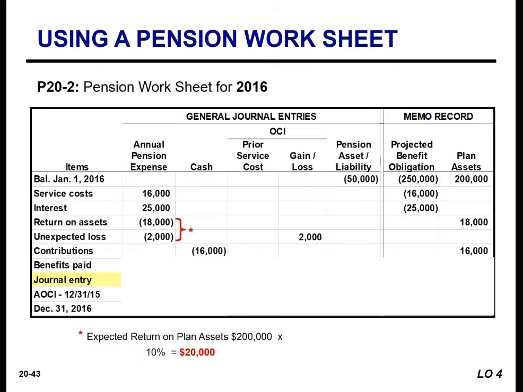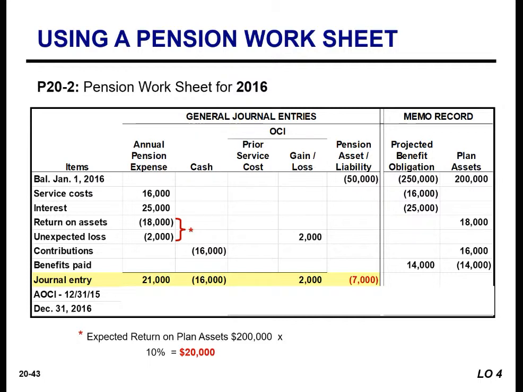Contributions of $16,000. $14,000 in benefits paid. I'm sorry, the unexpected loss, because they expect a return of $20,000 based on actuarial statistics.